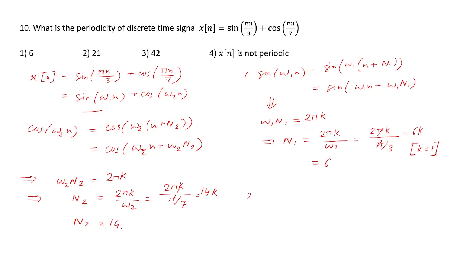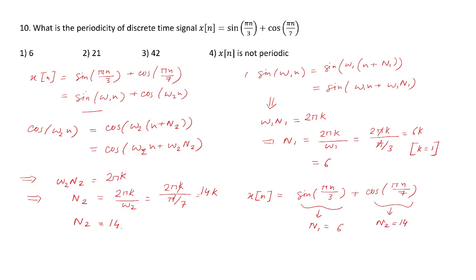So let me write the discrete signal again, which is x[n] equals sin(pi n by 3) plus cos(pi n by 7). This is periodic with period 6 separately, and this is periodic with period 14.